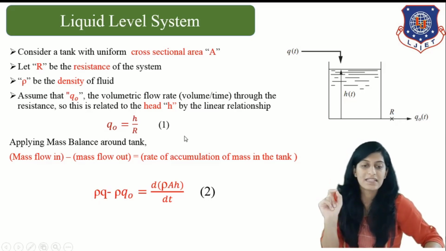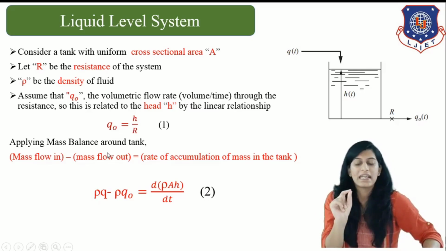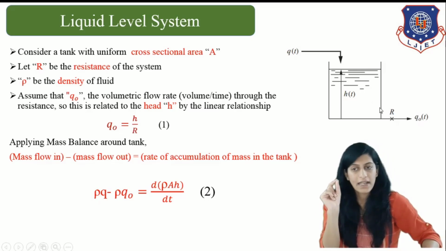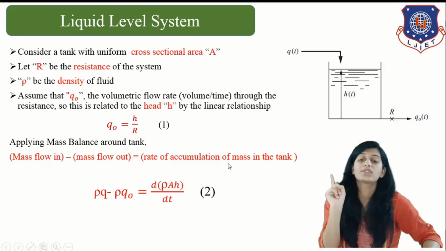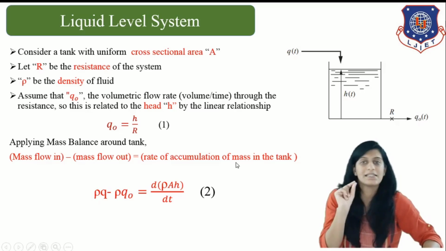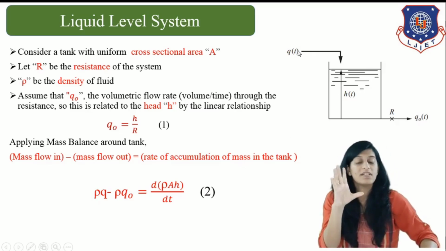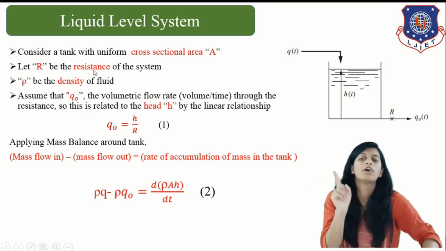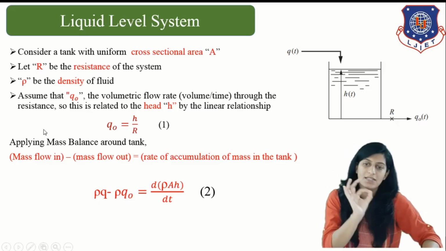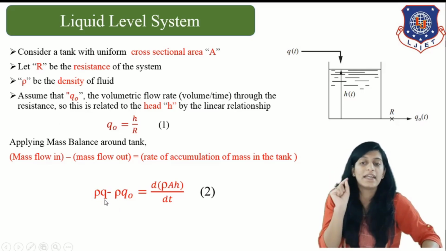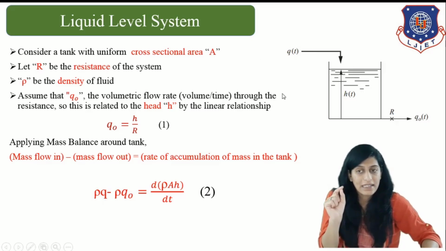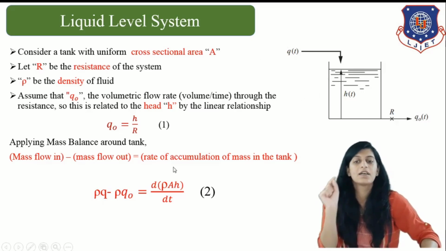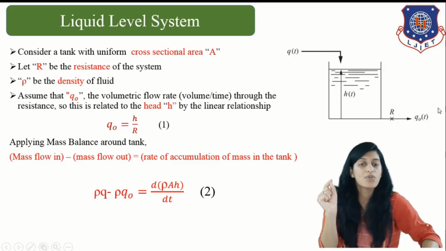Now our next step is to apply a material balance around this tank. Mass flow in, that is q(t), minus mass flow out, equals the rate of accumulation of mass inside the tank. We are talking about mass, but here we have volume, so we multiply volume with density to get the mass. That's why we have rho into q, the inlet mass flow rate, minus rho into q0, the outlet mass flow rate.